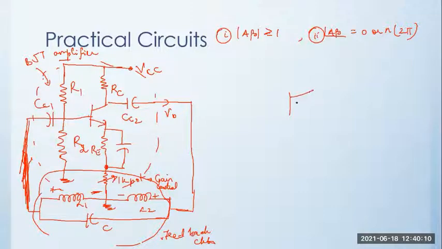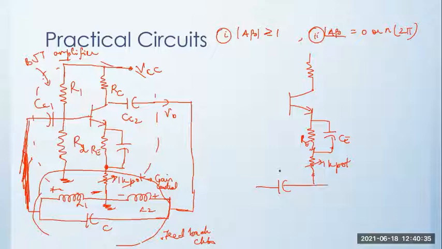In the same manner, if I replace what? What should I replace? How do I get the Colpitts oscillator? You just have to replace the two inductors with capacitors.